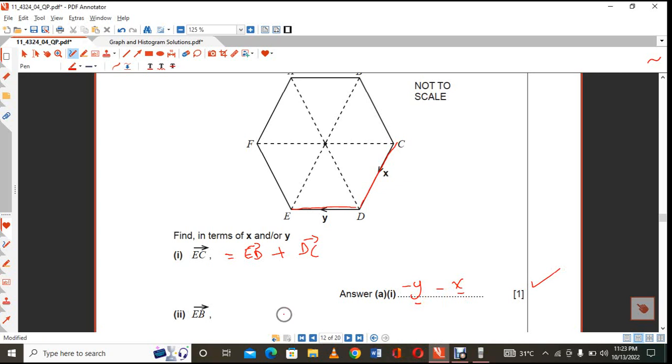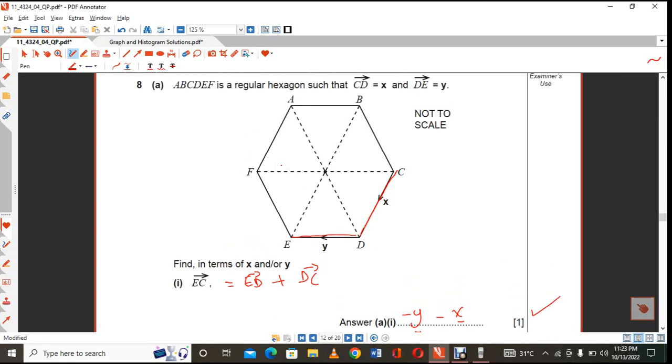EB, well, E to B. Look nicely at E to B, and I also want you to look at CD at the same time. See that EB and DC, they are parallel. So if this here is x, this is also x.